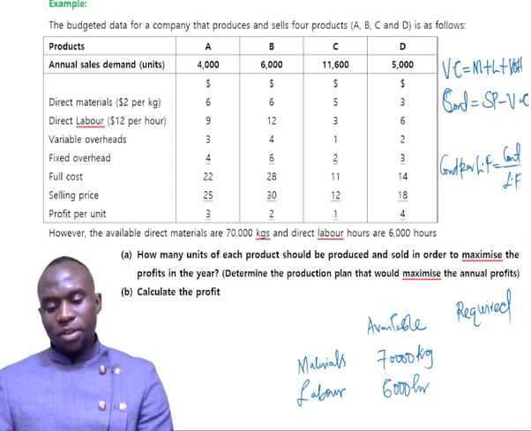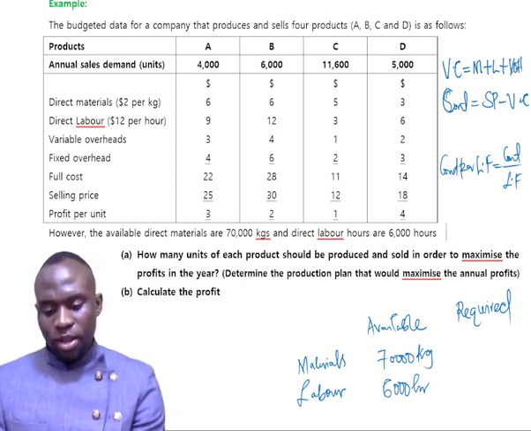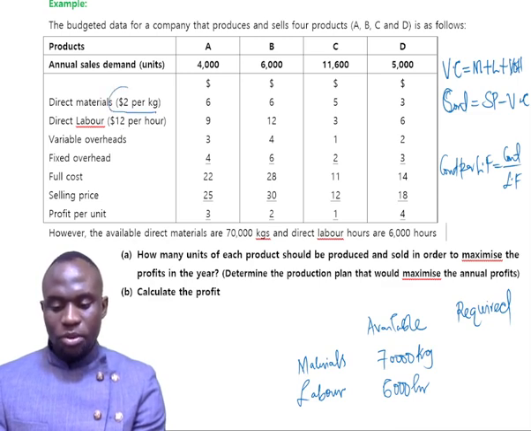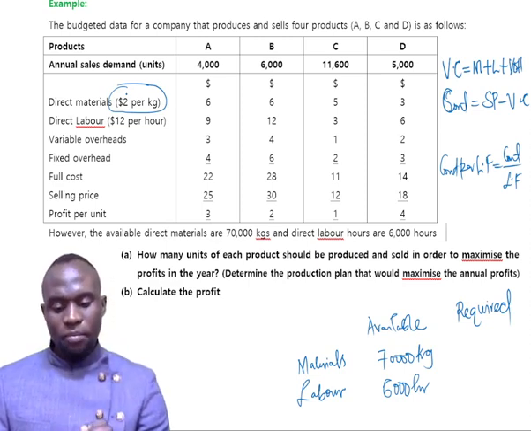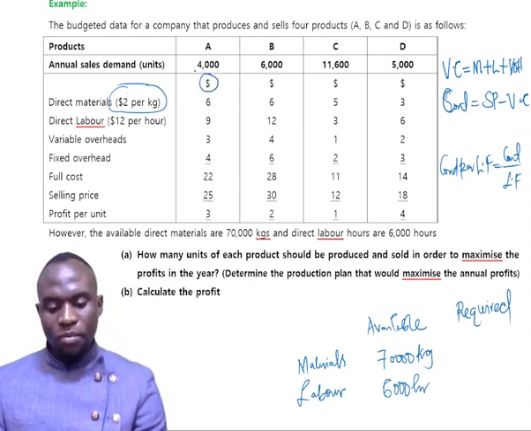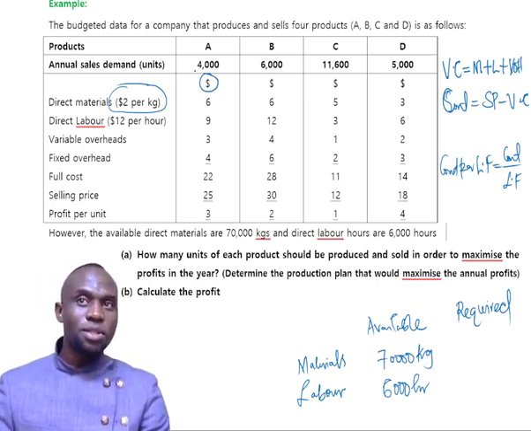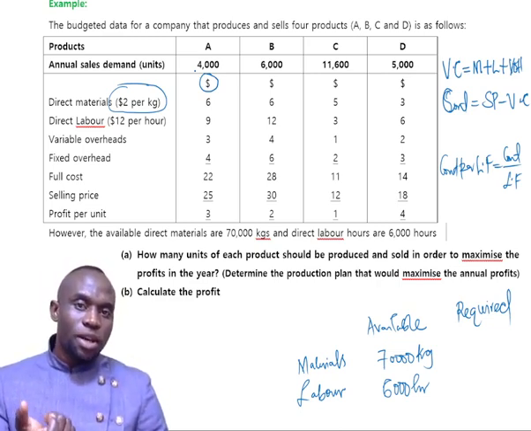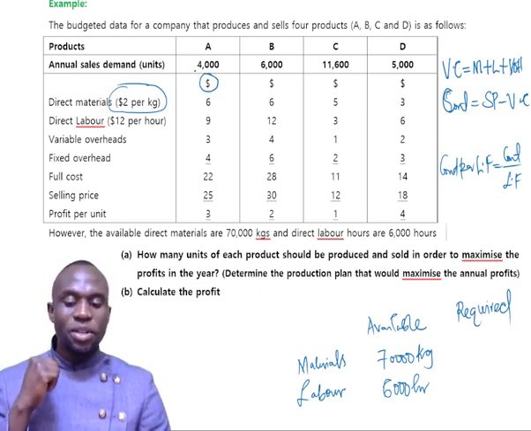So you see, they have given us the data that for materials, they have put for you here in brackets, $2 per kilogram. But for product A, they have put up here, we paid $6. So what is the meaning of 6? Now 6 is not the kilograms. 6 is what we pay to produce a unit.